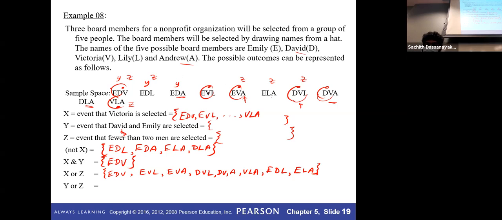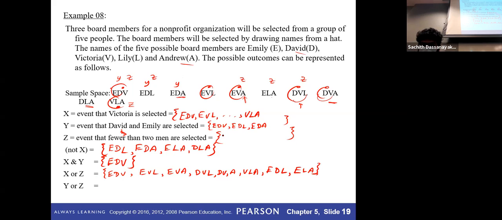Okay, I'm not going to do this one, but let me write these possibilities. Y means Emily and David, ED. So EDV, EDL, EDA. That's it.